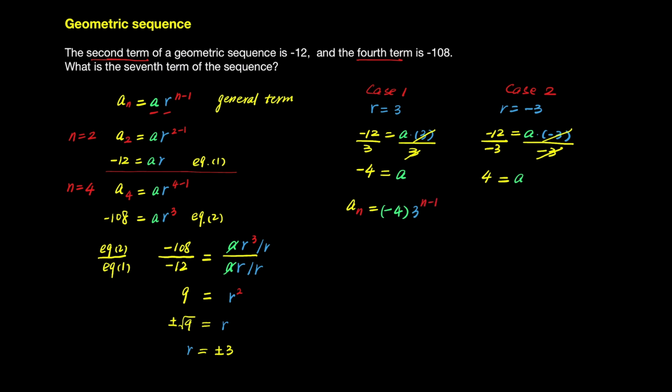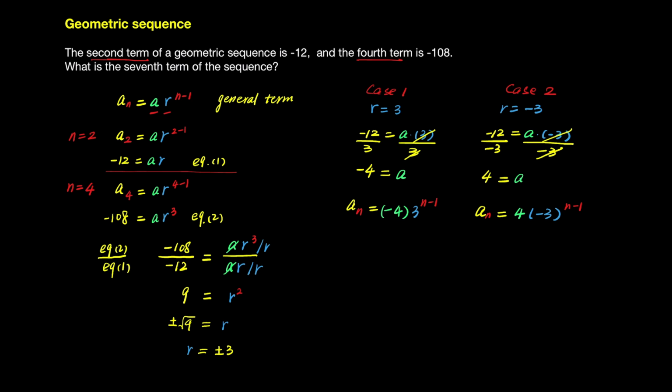This is the general term for case 1. For case 2, we have a n equals, a is now positive 4, times negative 3 to the power of n minus 1.